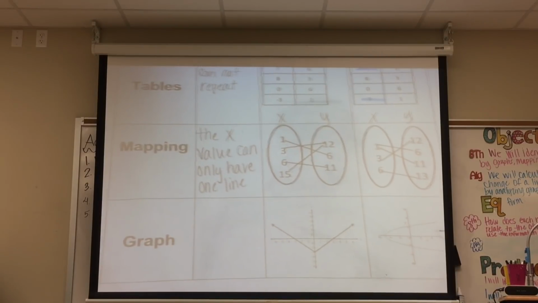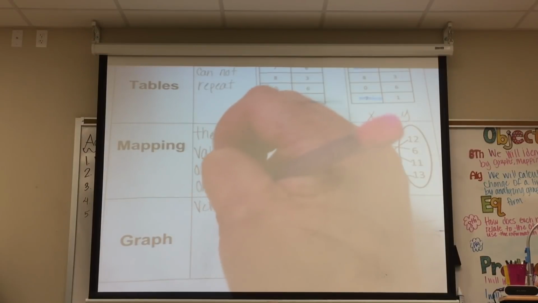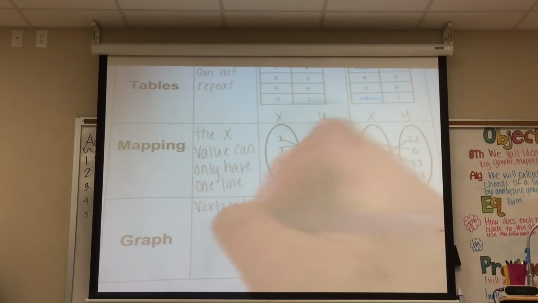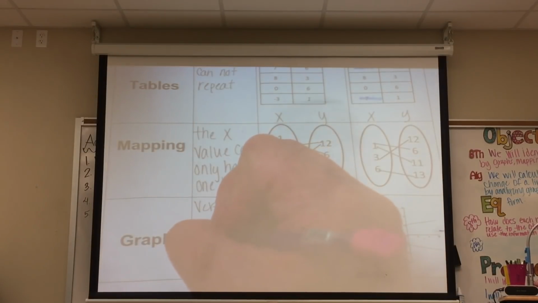When it comes to a graph, you have to do the vertical line test. The vertical line test is when I draw one line down, it can only touch one time. So your line can only touch the graph one time.